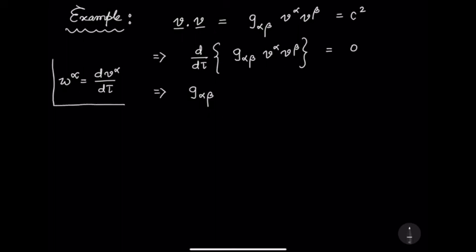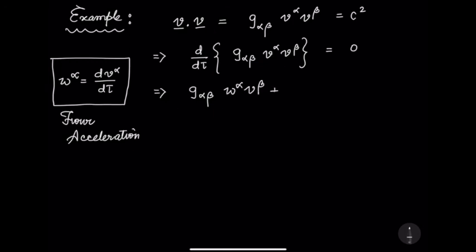This is my definition of 4 acceleration. So I get w alpha v beta, and the first term keeping v alpha constant, this derivative will give me w beta.